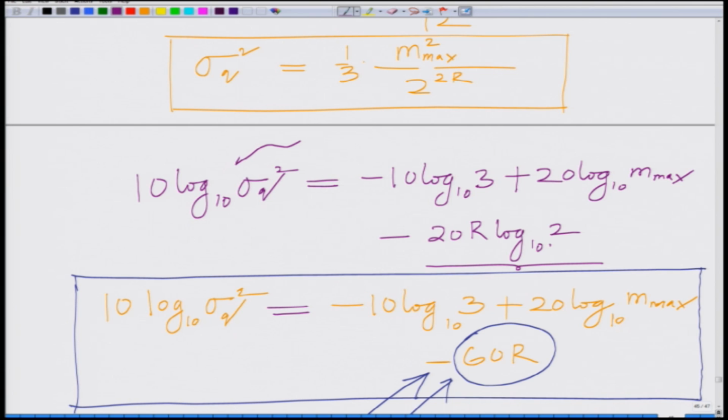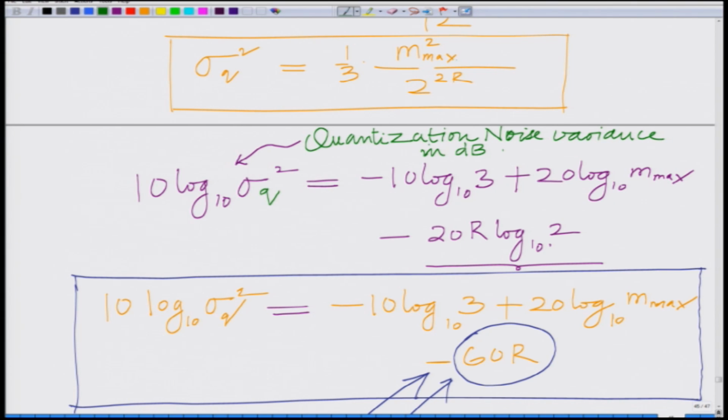This is the quantization noise variance in dB, that is 10 log 10 sigma q square, which equals minus 10 log to the base 10 3 plus 20 log to the base 10 m max minus 20 r.